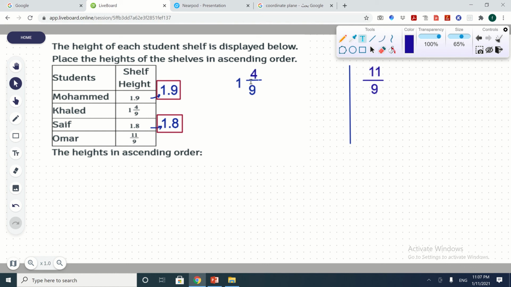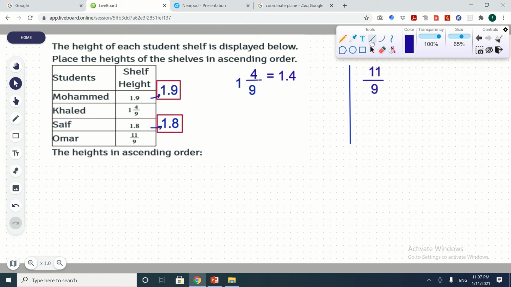From the last lesson we know something special about this kind of fraction. If the denominator is 9, this number will be a repeating number or repeating decimal because of 9. Okay, now we can write it as one whole number point, and because of 9 here, this 4 will be repeating.